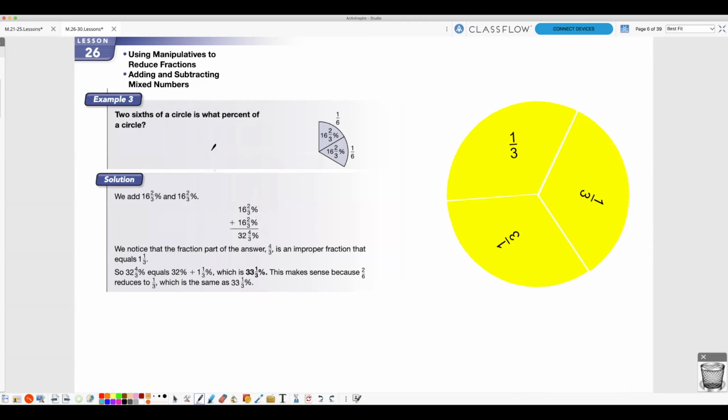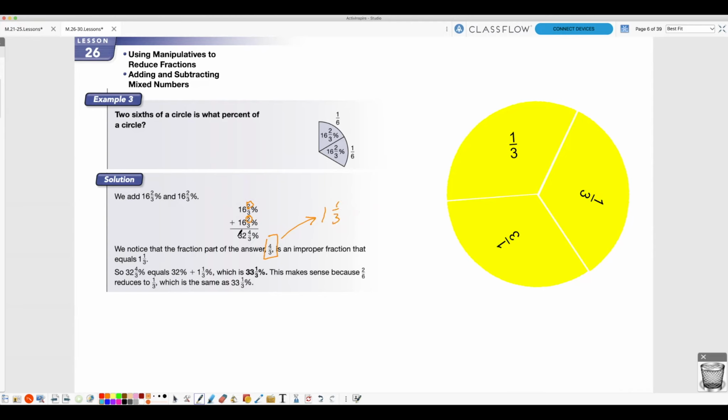Example 3, 2/6 of a circle is what percent of a circle? So 1/6 of a circle is 16 2/3%. And if you have 16 2/3 plus 16 2/3, you notice that it'll be 32 4/3 because 2 plus 2 equals 4. So when you look at 4/3, you have to recognize that that's the same as 1 1/3.